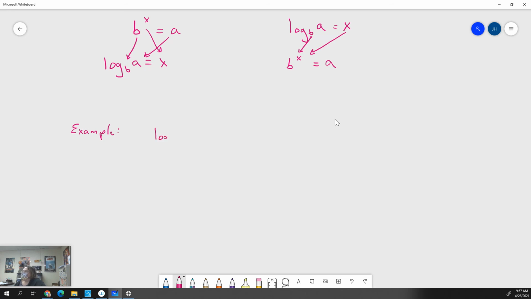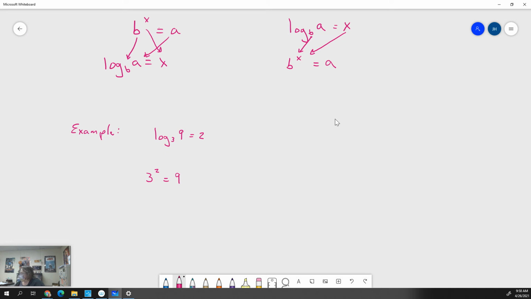If I have log base 3 of 9 equals 2, and I want to convert it to exponential form, I would go first, last, middle. Does that make sense?